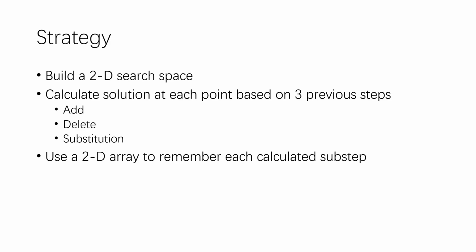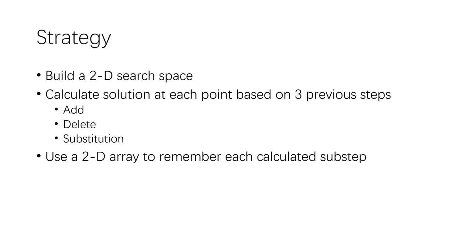Each point in the grid corresponds to the solution of the same problem, but where word 1 is just the first n characters of word 1 itself, and word 2 is the first m characters. Each element is calculated depending on the three previous steps, from which the current step can be generated through insertion, deletion, or substitution.